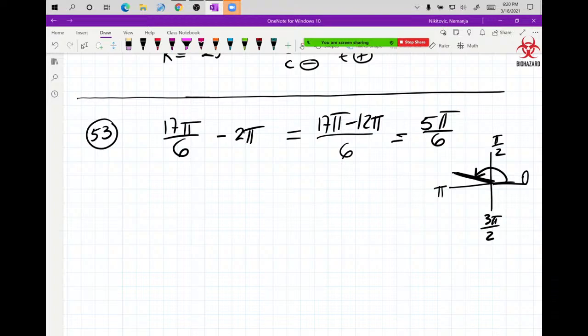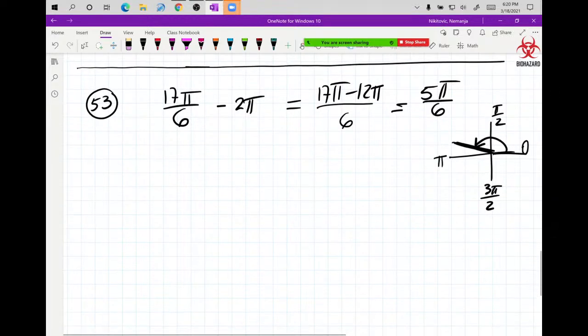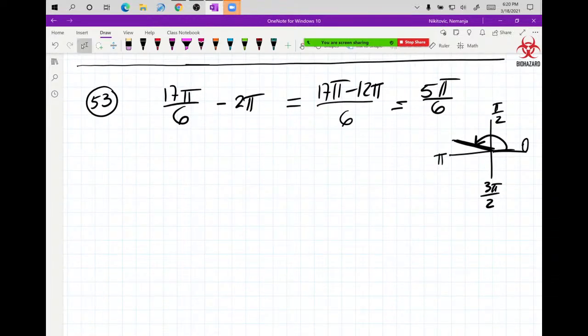And 6 pi over 6 is pi, when you cancel it. All right, so what we have is that, and now the reference angle is on the other side over here, right?